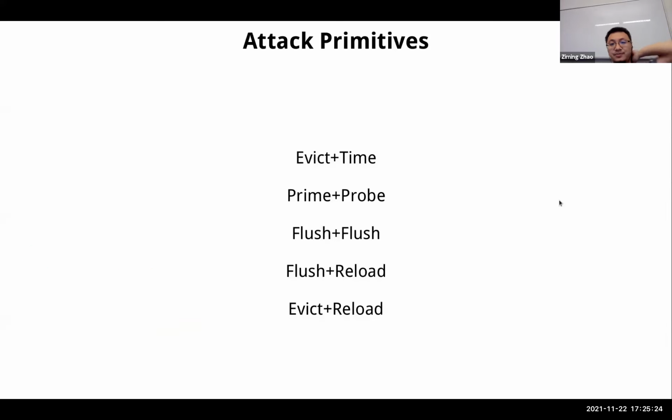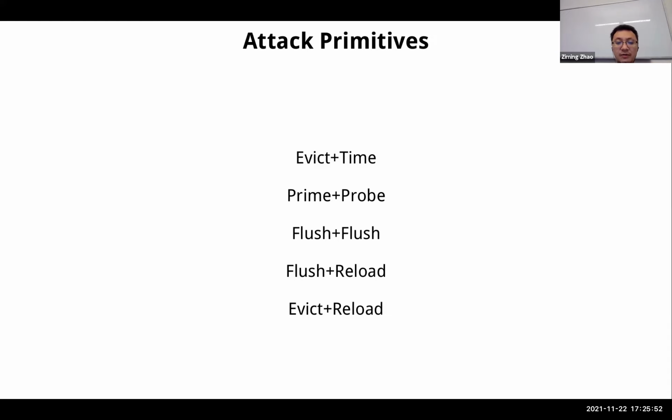That's the basic idea. Built on top of that, we have many different attack primitives, and they all have catchy names like evict time, prime probe, flush reload, evict reload.